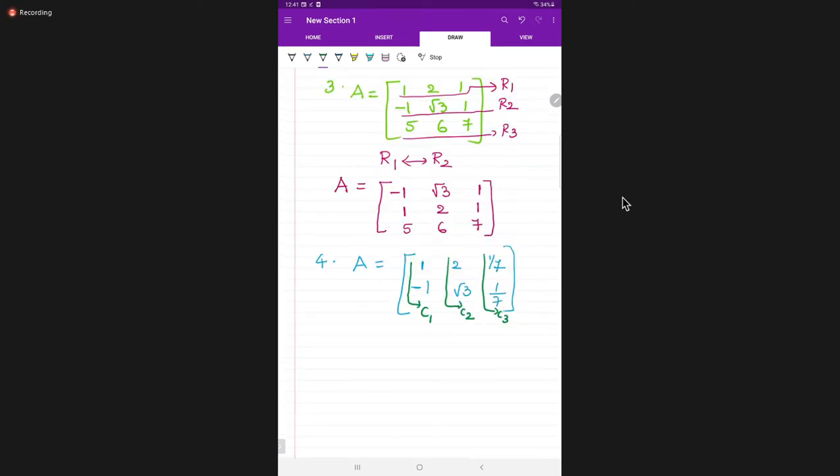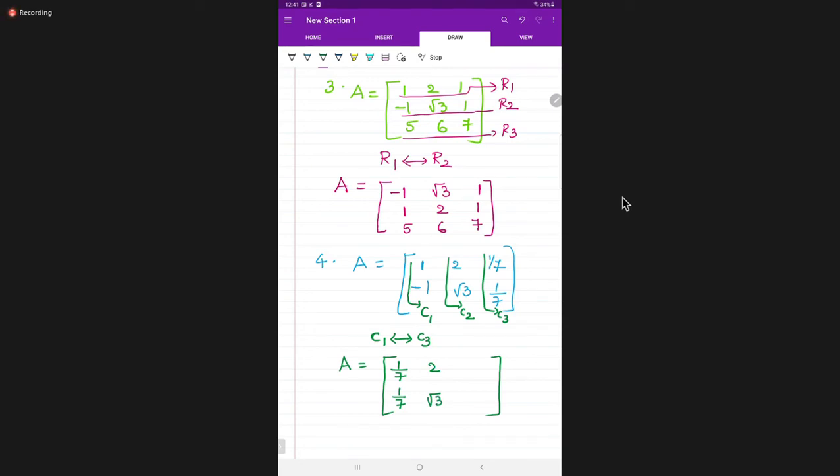Now I want to change C1 interchange C3. Now A is equal to: in place of C1, write C3. That is, in place of the first column, write the C3 elements, so 1/7, 1/7, 1/7. The second column, write as it is: 2, 3, √3.